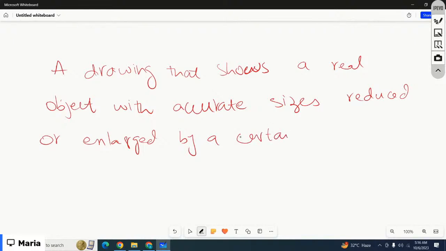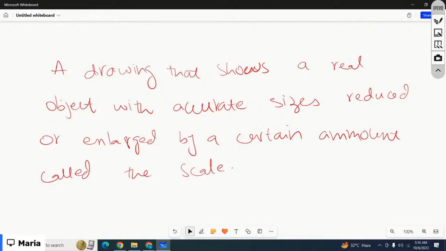Like they are either enlarged or reduced by a certain amount, and that certain amount is known as the scale. That is known as the scale drawing, right? Let's just see an example.